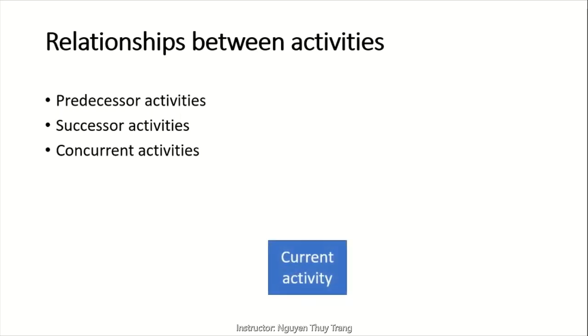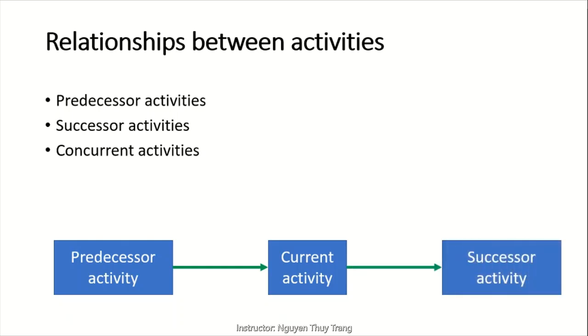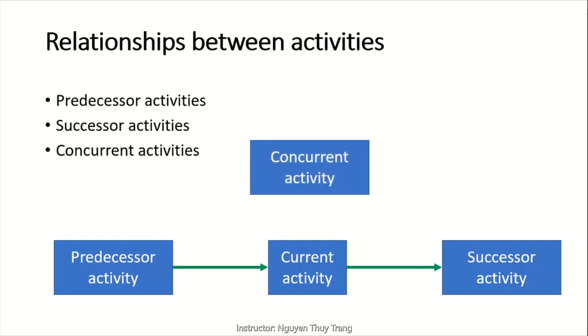We are working on a current activity. A predecessor activity must be completed immediately before the current activity, while the successor activity must immediately follow the current activity. A concurrent activity can occur while the current activity is taking place, which means there is no direct relationship or arrow between them.